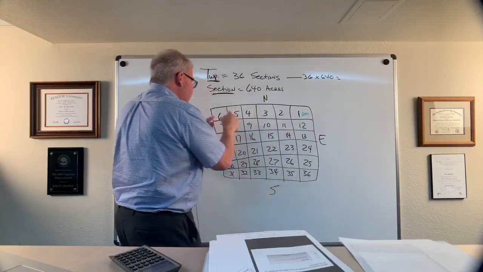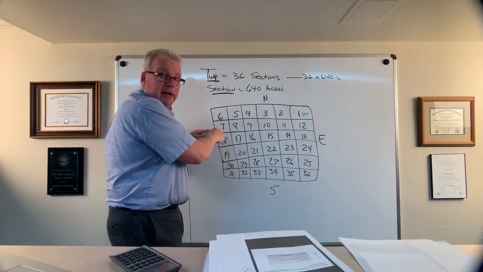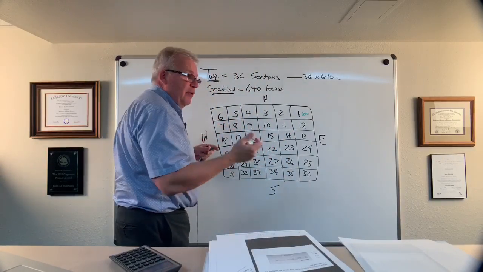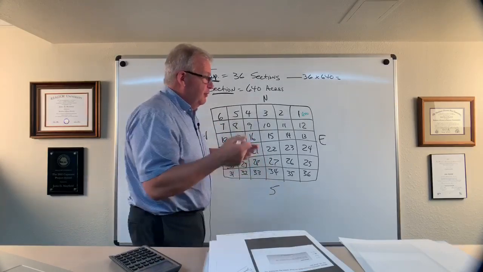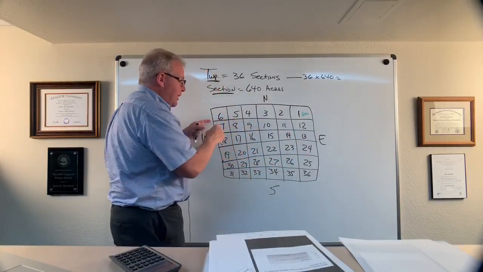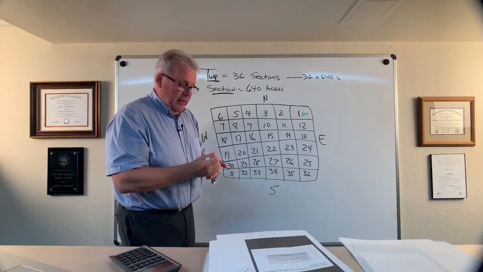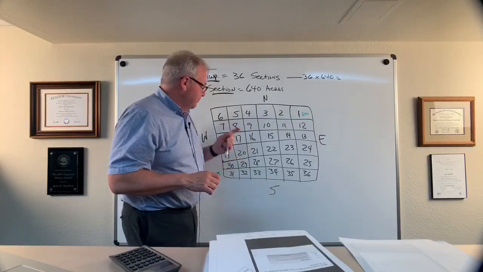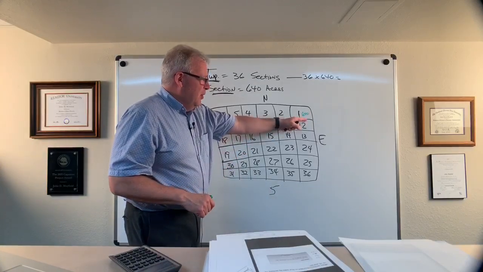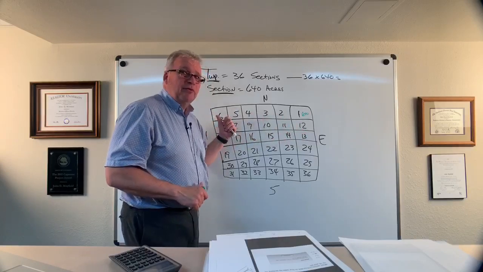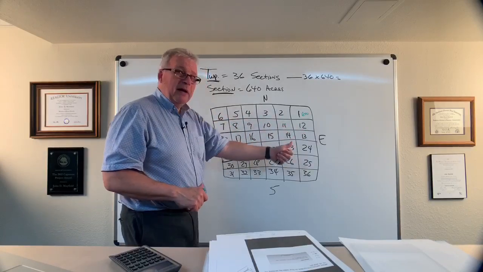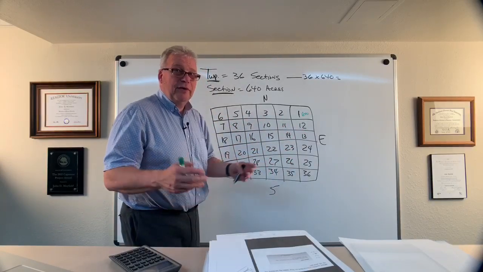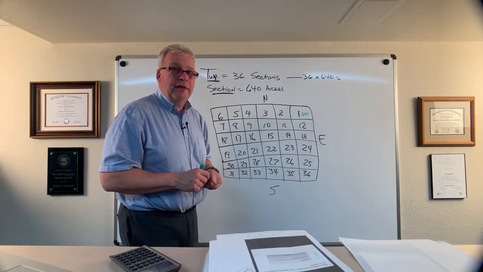Now, why did they get to 6 and drop down to 7? Well, they're surveying and they're carrying chains and they're out in the woods, and it's like somebody said, hey, Frank, why do you want to walk all the way back there and start and come this way? Why don't we just drop down and go back that way? It'd be a lot easier on us. And Frank probably said, you know, that's a great idea. Let's do that.